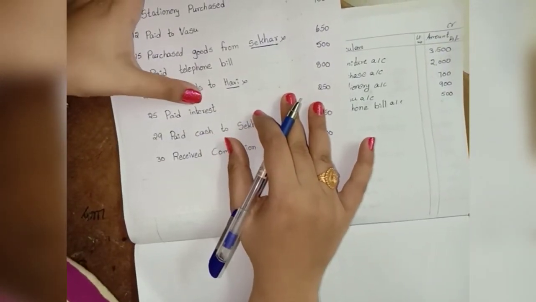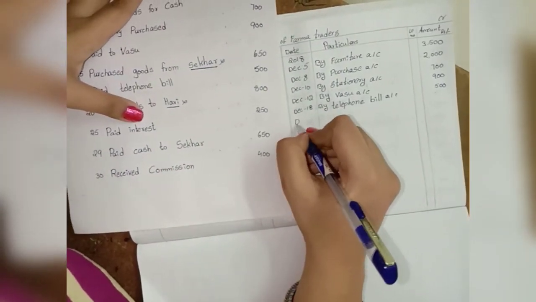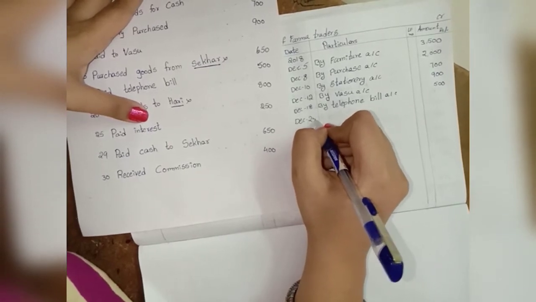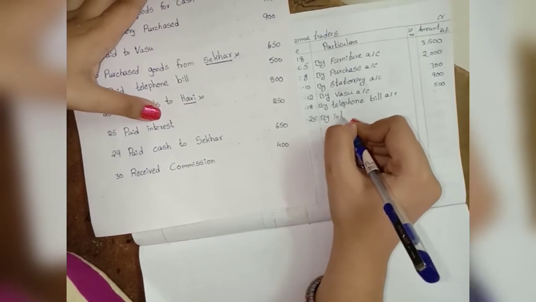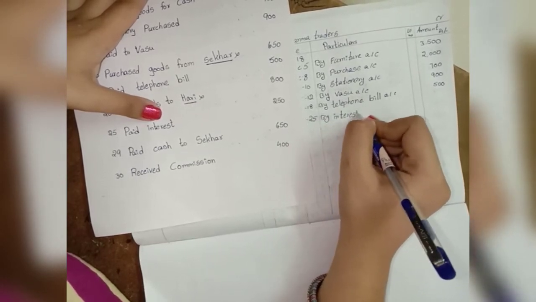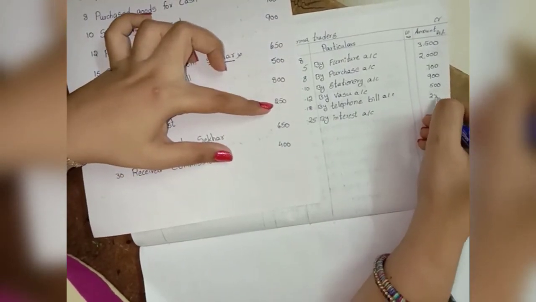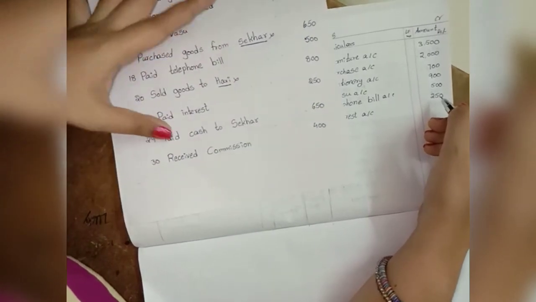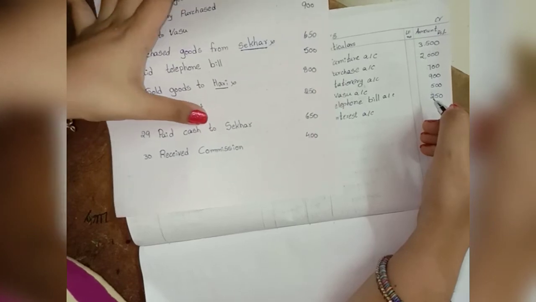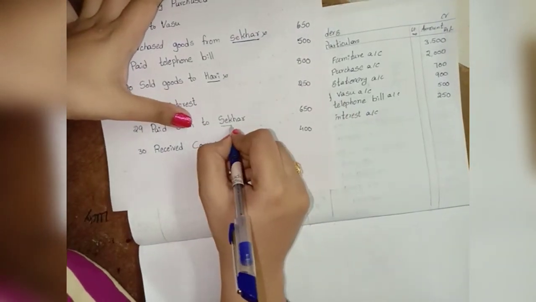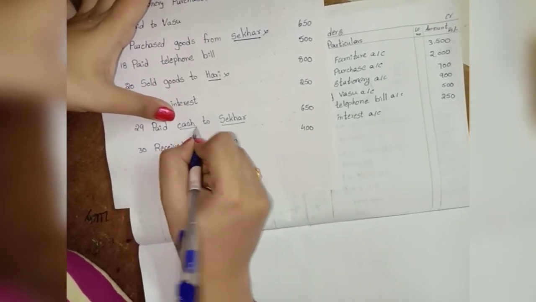Next, paid interest. We have paid the interest. So it is in credit side by interest account, and the amount is 250. And next, paid cash to Shekhar. Here also there is a name mentioned, but it says paid cash to Shekhar.